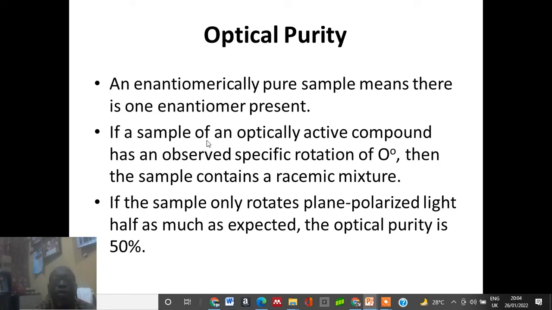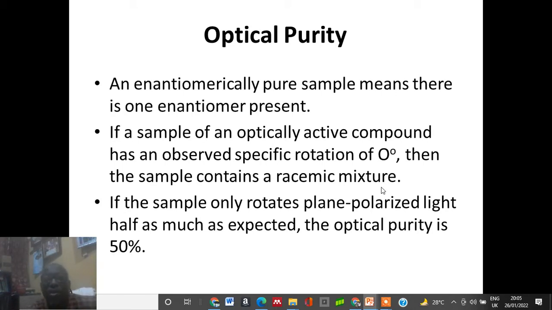If a sample of an optically active compound has an observed specific rotation of 0, then the sample contains a racemic mixture. Because in the racemic mixture, the rotation of dextro will cancel out the rotation of levo, the net specific rotation will be 0.